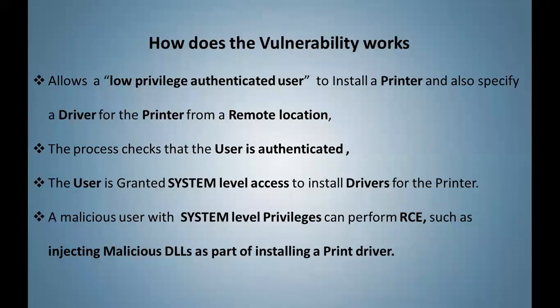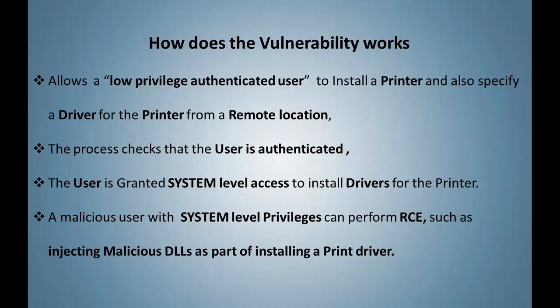Okay, so guys, this again shows how the vulnerability works on the back end, what exactly is happening underneath this vulnerability. So what is the implication? How does it allow a remote user to have access? You can see the major thing about the vulnerability is that it allows a local authenticated user, that is a user with limited access on a system, to install a printer and also specify a driver for that printer, from any remote location.